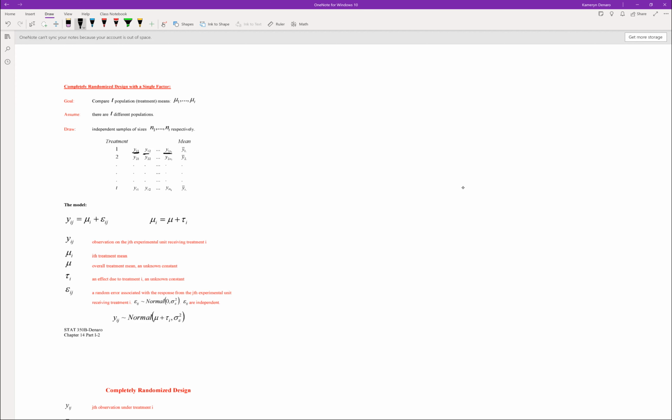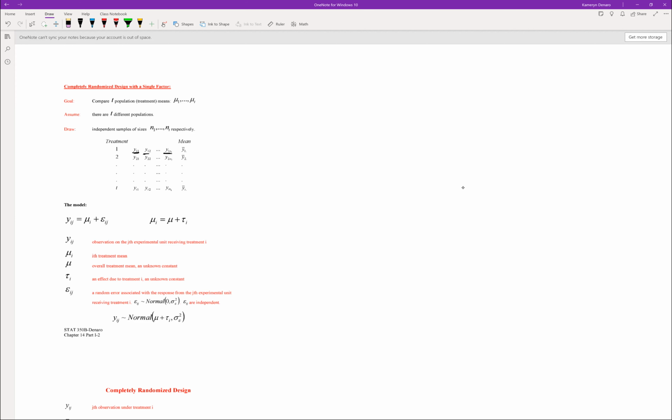And then if you go to the T-th treatment, you have YT1, which is the first person under the T-th treatment. YT2 is the second person under the T-th treatment. And then YT N sub T would be the response for the T-th treatment and the N sub T-th person within that treatment.